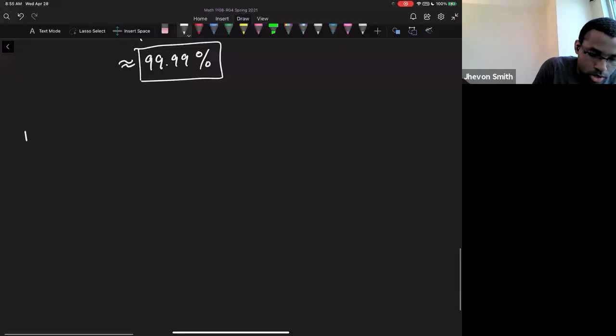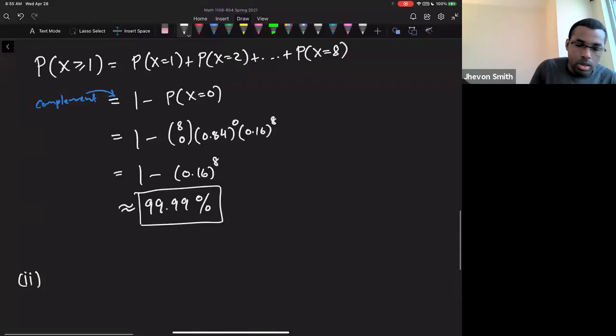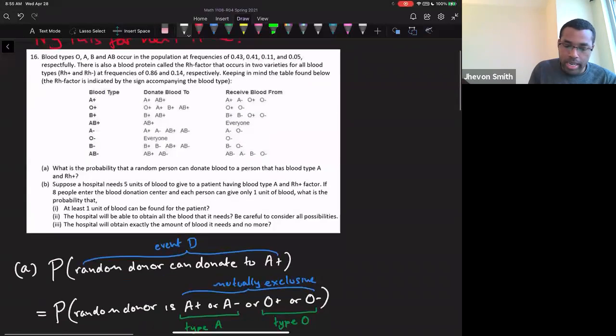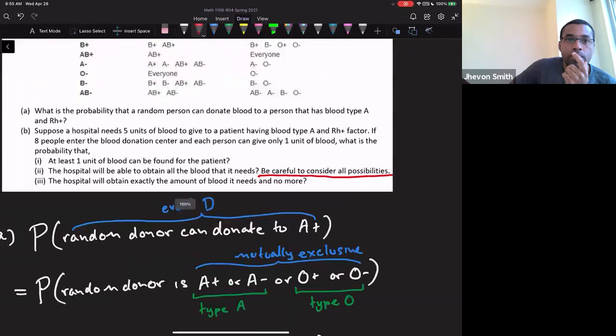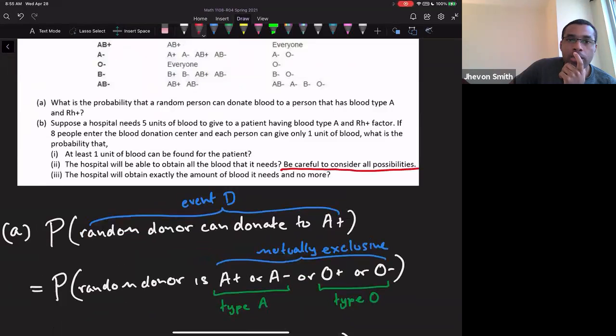Now we go to 2. And I want you to be very careful of the wording here. In fact, the wording of the problem tells you to be careful. Right? What is the probability that the hospital will be able to attain all the blood that it needs? And be careful to consider all possibilities.